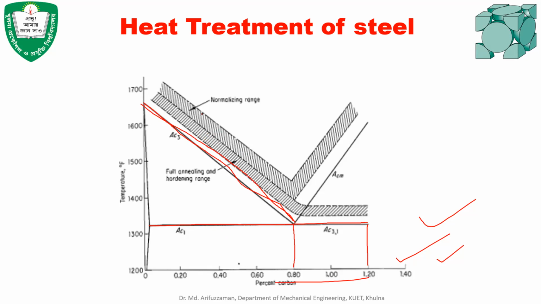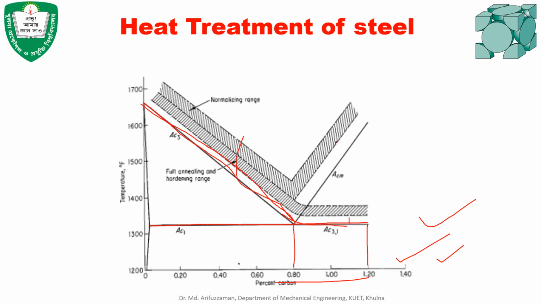Okay, and if you want to do annealing, the annealing range is 50 to 100 degrees above this upper critical temperature line. And the normalizing range is more than that. Okay, that means you have to heat it more than that. But the interesting thing here is that for annealing, you just need to heat it above this upper critical temperature line for more than 0.8% carbon.